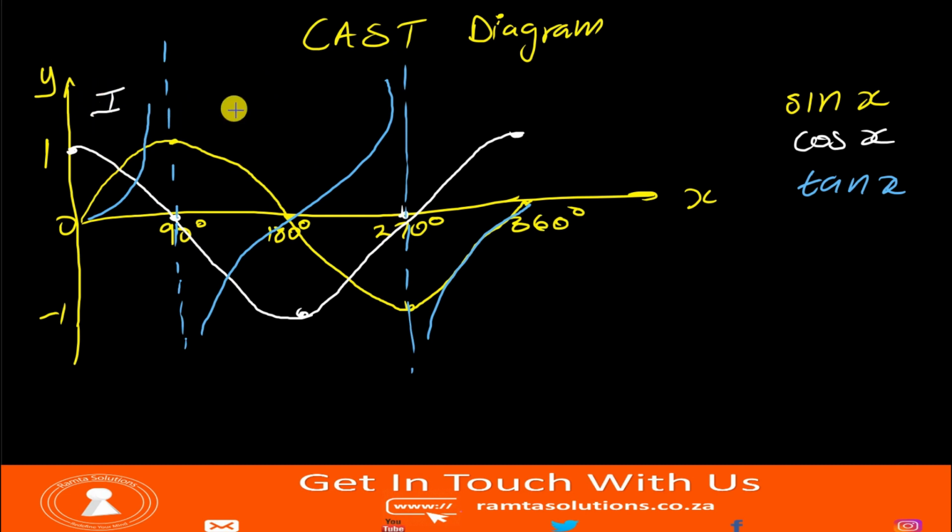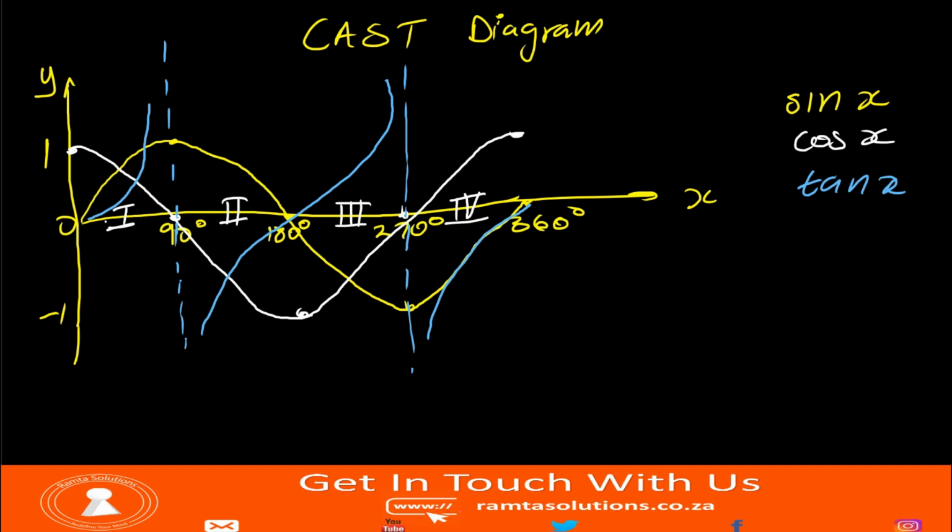This is the first quadrant, this is the second quadrant, this is the third quadrant, and this is the fourth quadrant. Can you see that? Between 0 and 90, it's your first quadrant. 90 to 180 is your second. 180 to 270 is your third quadrant. 270 to 360 is your fourth quadrant.